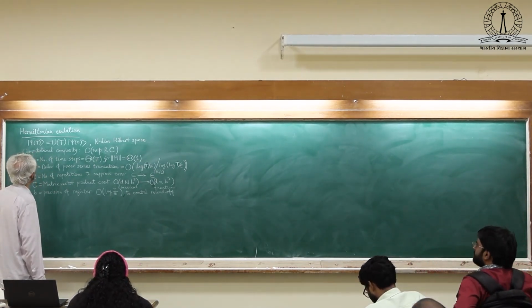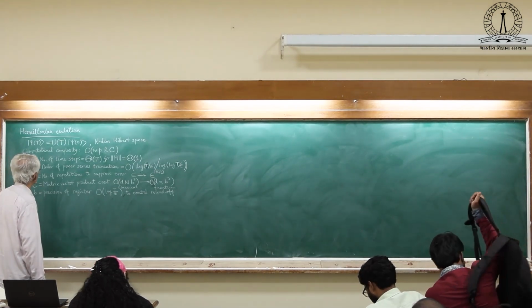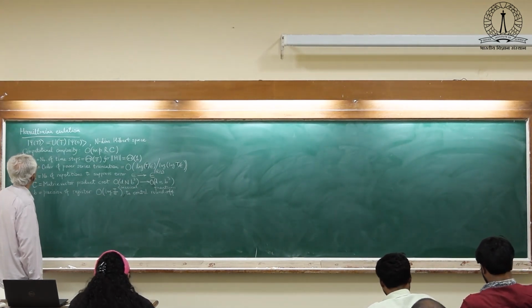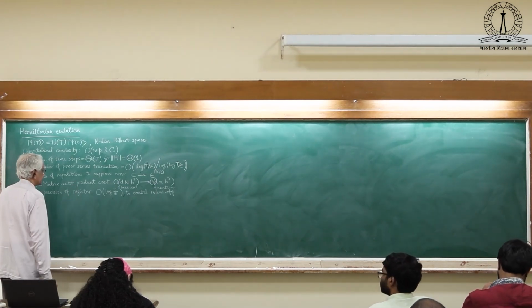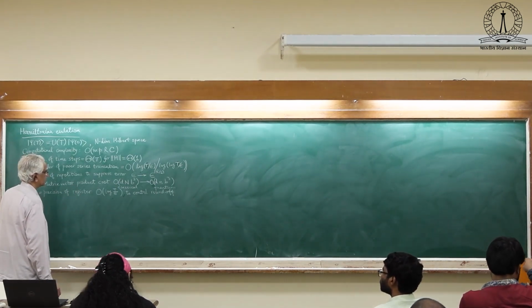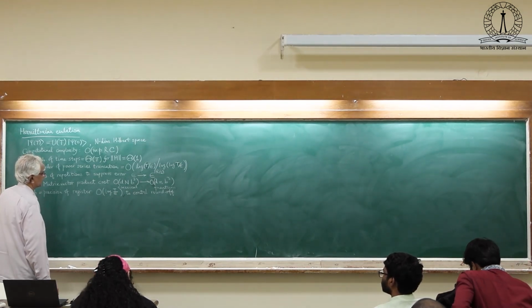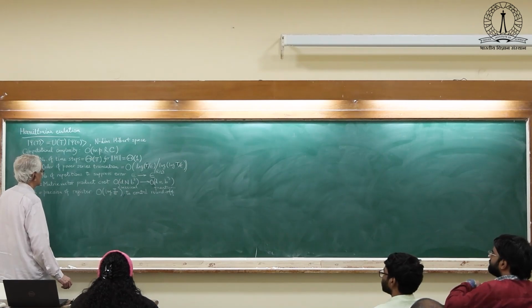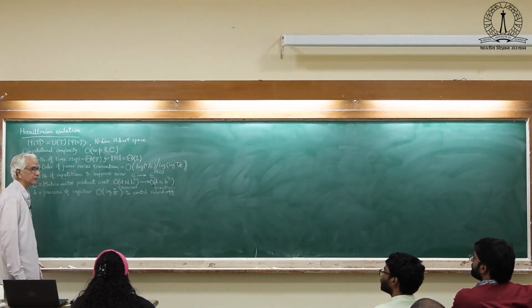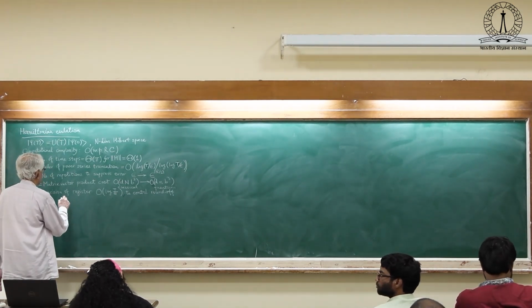Okay, so now I want to make some comments about what happens when you run it in practice, and also whether there are any related situations where the same machinery can be applied.